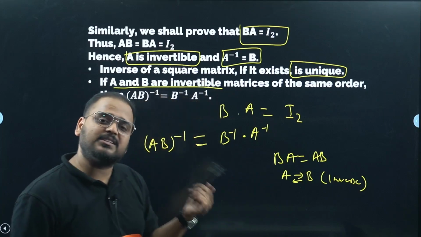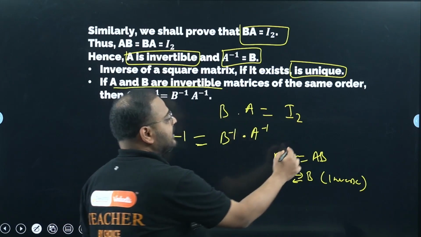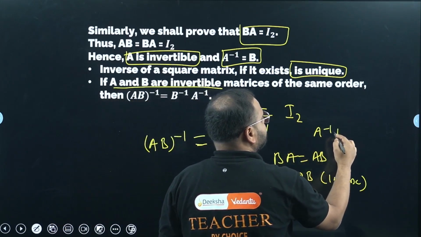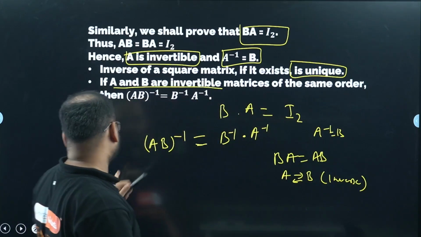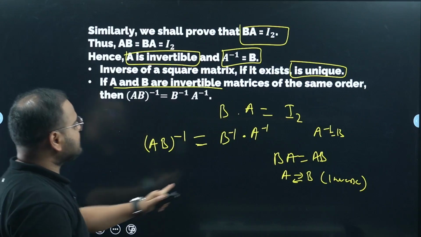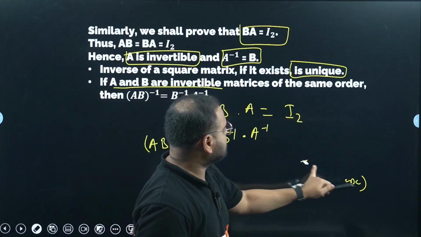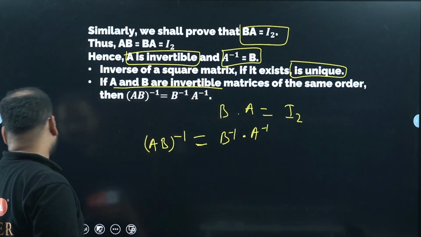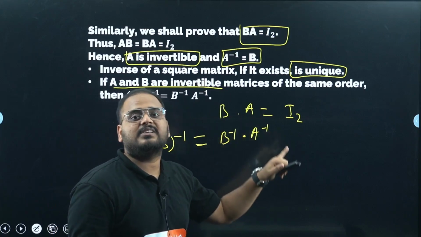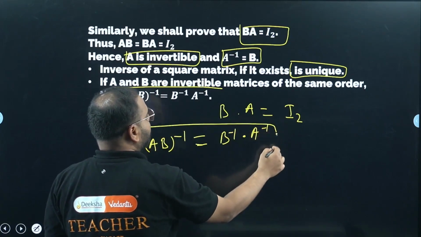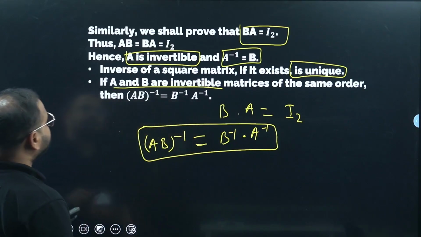A is invertible, B is invertible, but they are not saying A inverse is equal to B. If it was written that A inverse is equal to B, then I could have written in any order, but that is not the case in the given situation. So I have to keep this order in mind. The inverse of AB will become B inverse first, then A inverse. I'm giving a lot of emphasis to this because it is very, very important. Do not forget this.